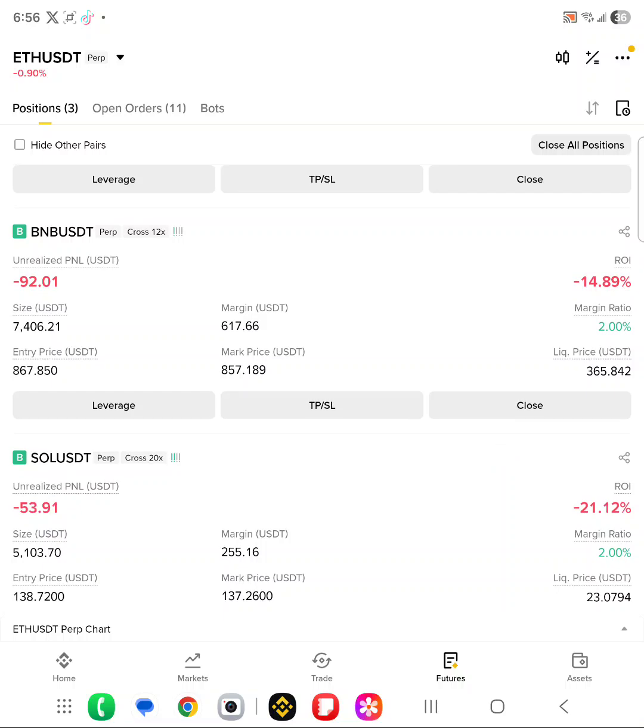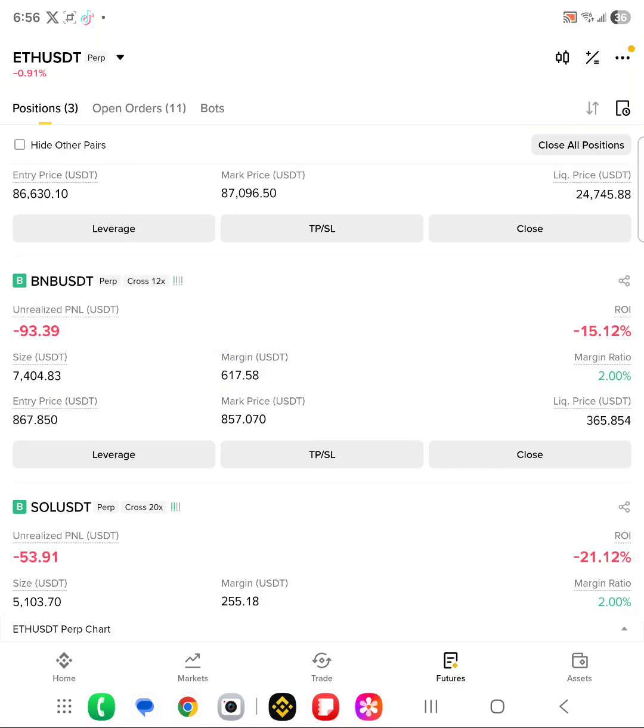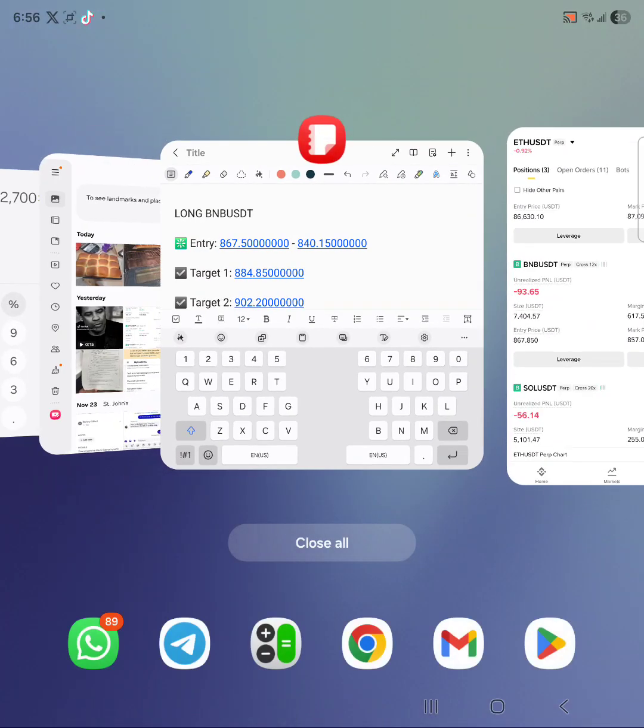So you can see this is the BNB signal I'm trading now. You can see it's showing minus $93. I'm on minus 15. So that's to tell you that it can fall so low, even below your entry level. But I've got my stop loss right here.